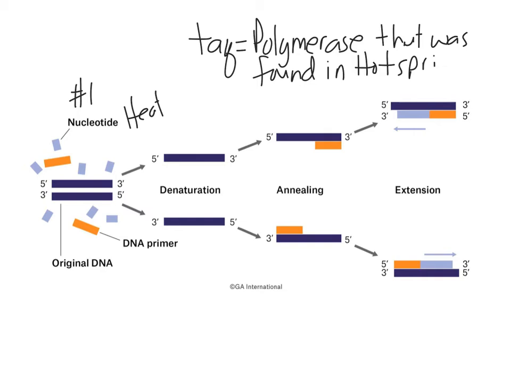And so that's what makes this possible, because we'll heat it to denature it, and then over here in step 2 we're going to add the primers, and they're gonna stick to the DNA, and then in step 3 we're going to add these Taq polymerases, and these Taq polymerases hit the primer and the DNA, and they run along and they copy the DNA.